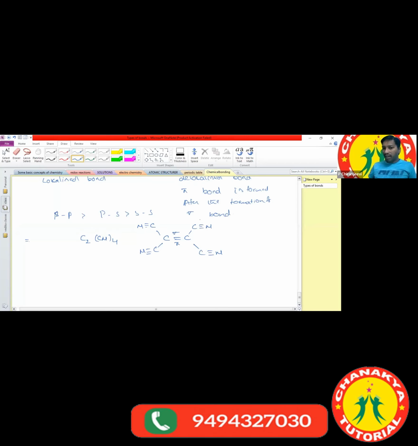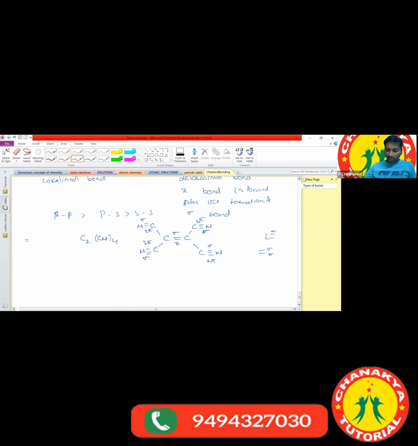Wherever there is a triple bond, one is a sigma bond and the remaining two are pi bonds. Based on that, can you calculate the total number of sigma bonds and pi bonds?